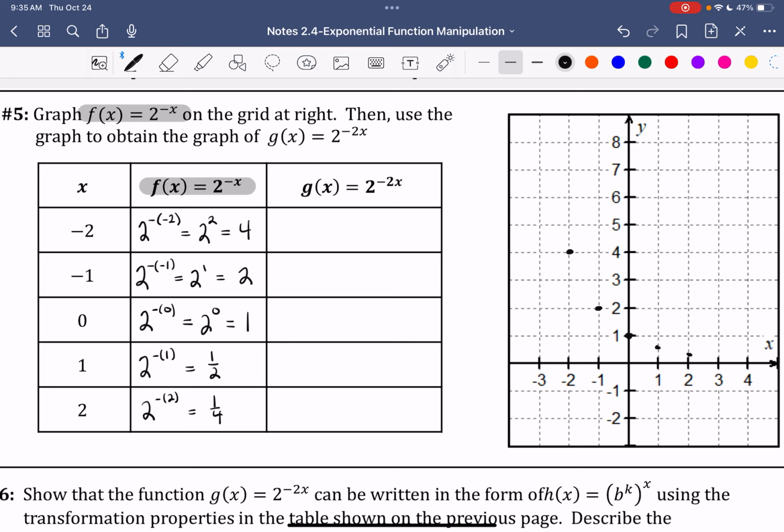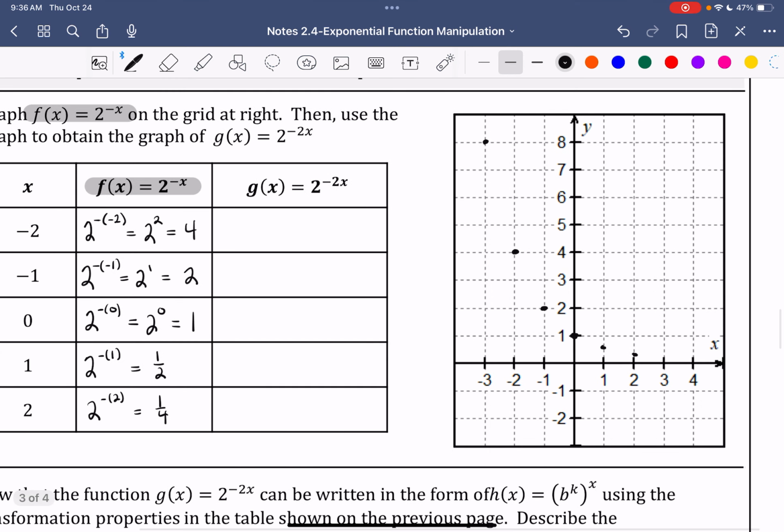And even though it's not on here, I do know that negative 3 would be 8, so I'm going to plot that point too. And then let's connect them, just like that. That would be function f. I'm going to put an f next to it.